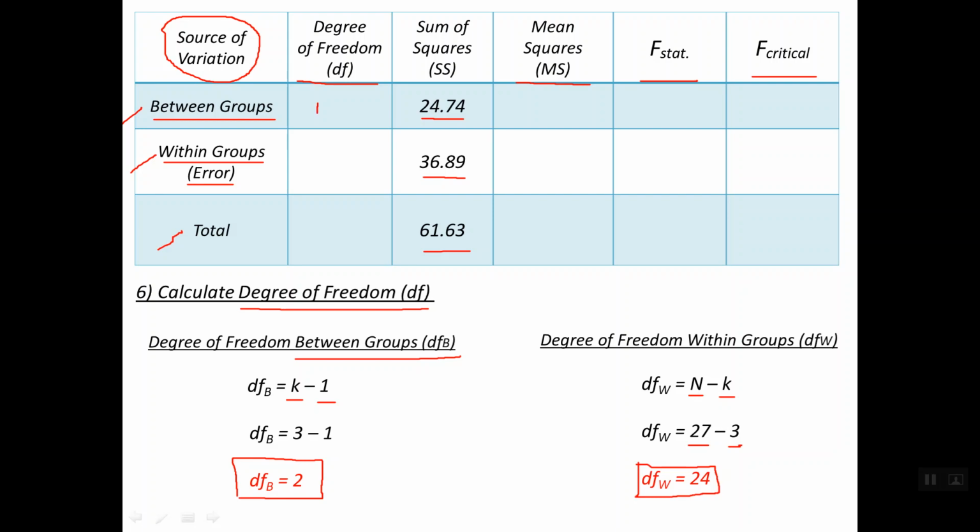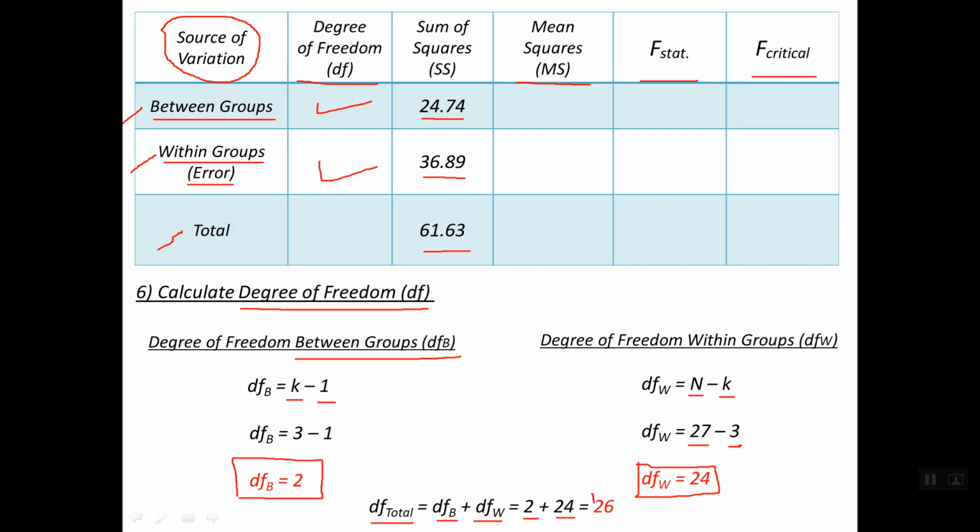So we calculated the degree of freedom between groups and degree of freedom within groups. So simply to calculate the total degree of freedom, we make a summation for both. So degree of freedom total is equal to the degree of freedom between groups plus the degree of freedom within the groups. DFB is equal to 2, and DF within is equal to 24.